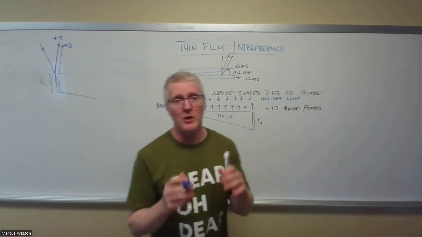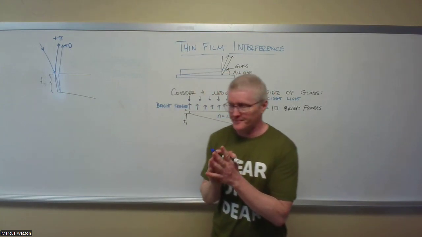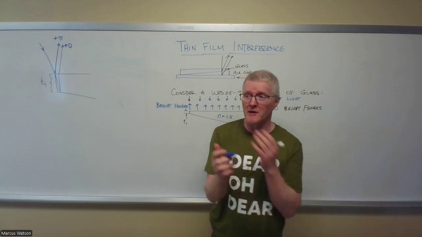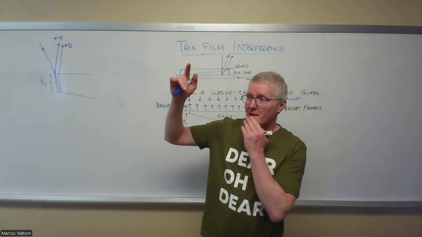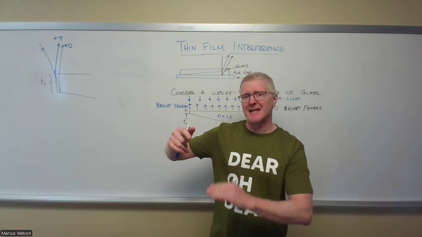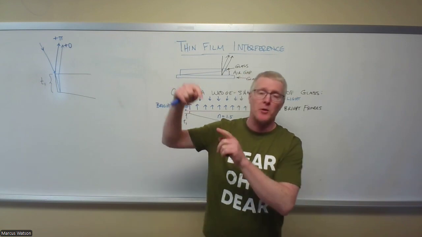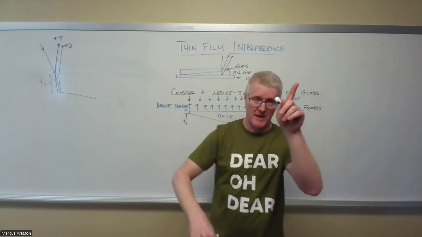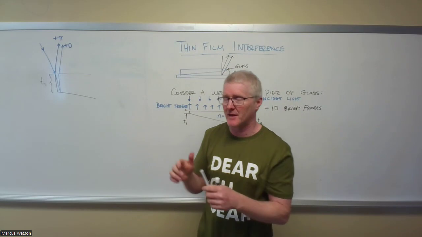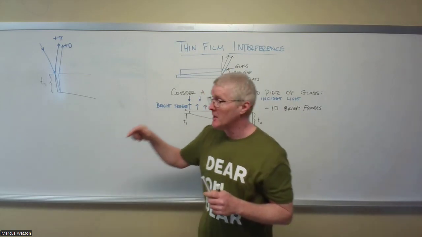Now, if we look at what this means, in yesterday's video we had the situation of light reflecting off successively increasing index materials, so they were always pi shifted. As soon as you're going up in index, you're going up in phase.